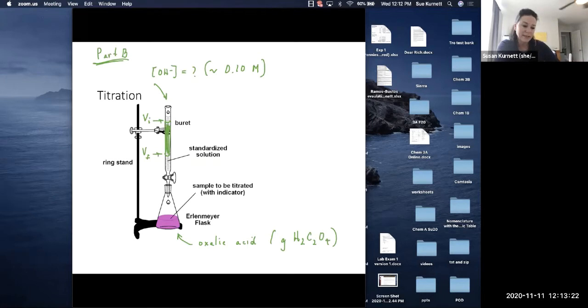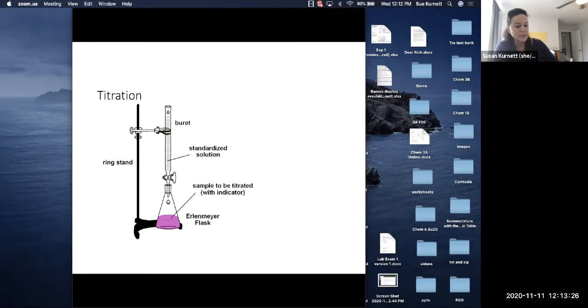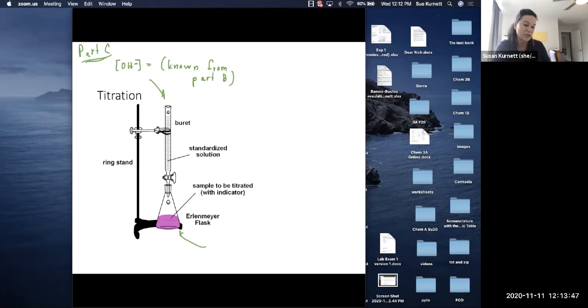And then in part C, you're going to use the hydroxide, and you now know what the concentration is because you figured it out. Now you're going to have a mixture, and the mixture is going to have an acid that's called potassium hydrogen phthalate, KHP.